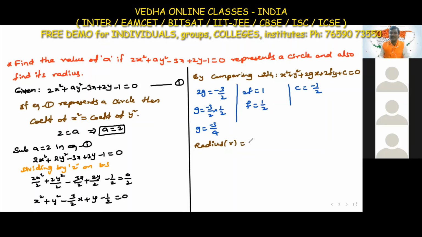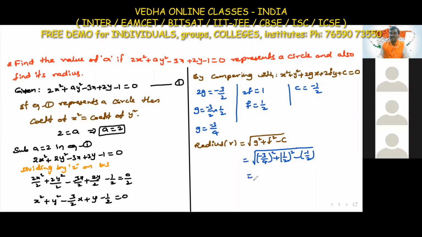For the general equation of the circle, radius r is equal to under root of g square plus f square minus c. Now substitute the values: under root of minus 3 by 4 whole square plus 1 by 2 whole square minus c, minus of minus 1 by 2.